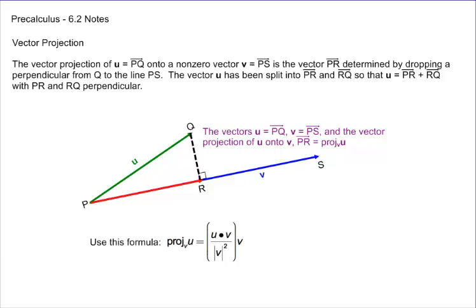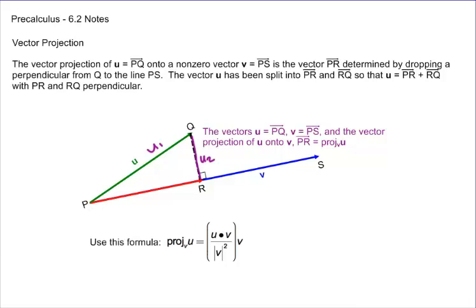What we're going to do is split the vector U into two parts, PR and RQ. So they're saying we're going to have two parts to this vector. U is going to be made up of this part right here, which will be U1, and then it's also going to include this part right here, which would be U2.